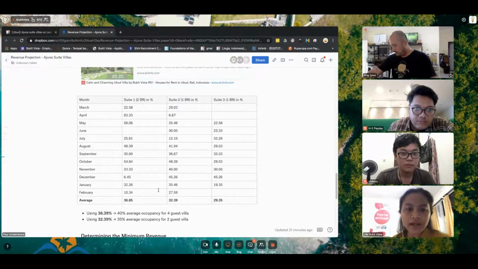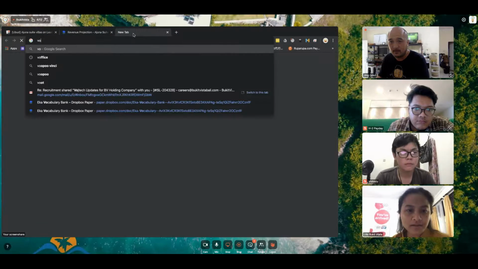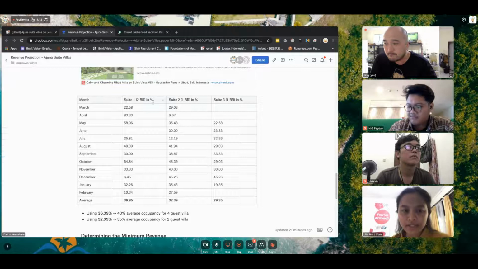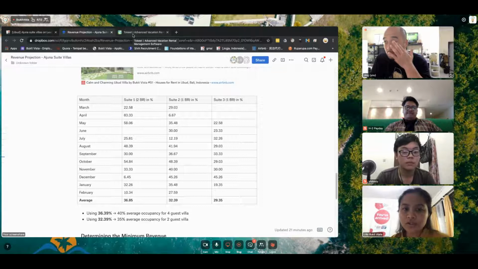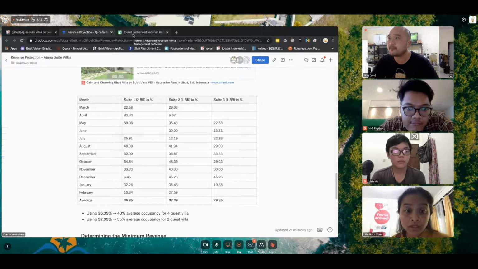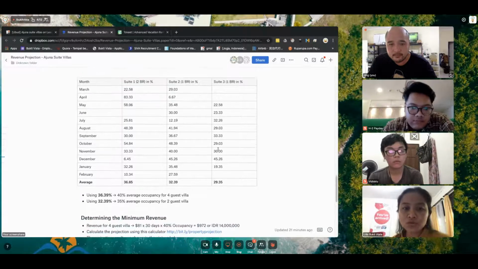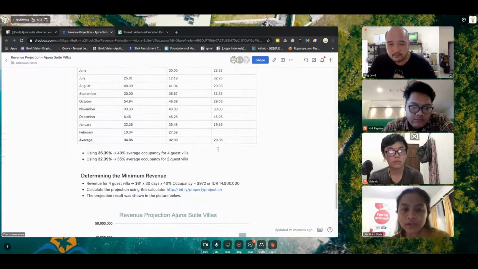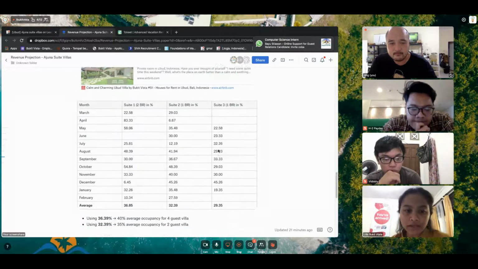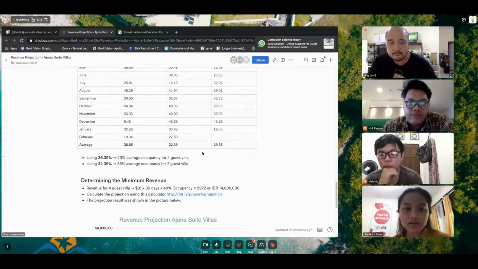I chose Villa Olel here, and the data that I take is the occupancy data, where I got this percentage from the Tokit dashboard. I map it to the listing, where I plan to sell the Arjuna as 2 bedrooms, so I choose the average occupancy of the first listing.